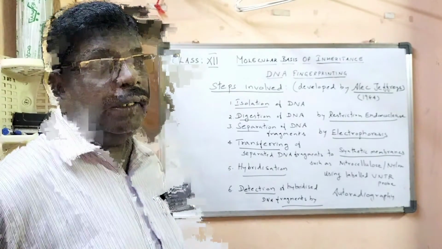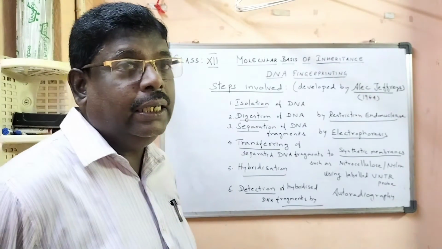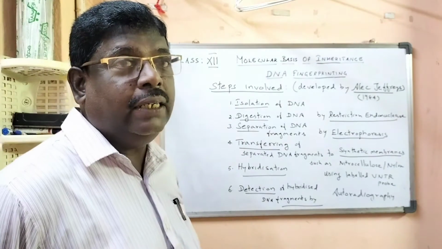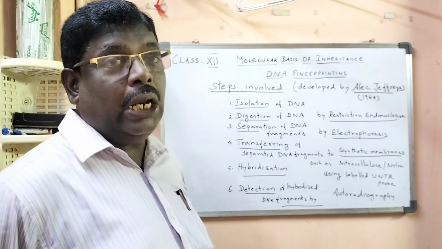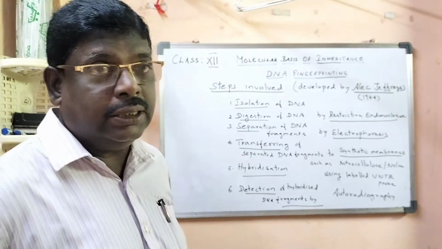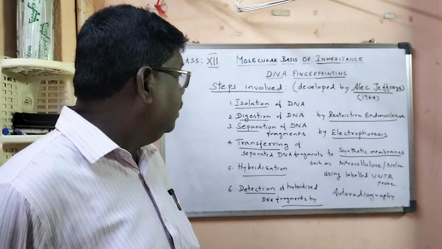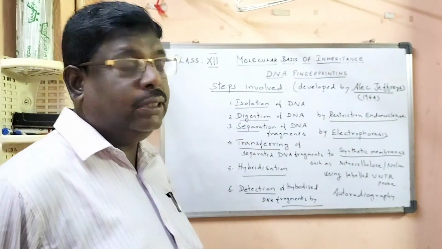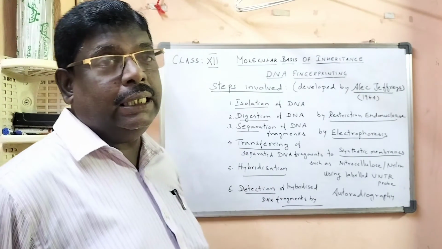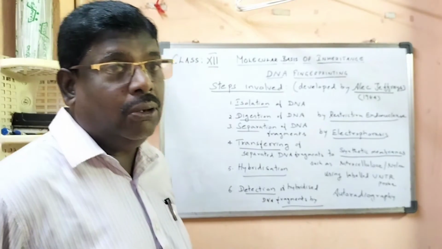Isolation of DNA. After that, digestion of DNA by restriction endonuclease. Then separation of DNA fragments. It is done by a method called electrophoresis under lab conditions. It's a laboratory technique, as I told initially. Then transferring of the separated DNA fragments to synthetic, meaning artificial, membranes such as nitrocellulose or nylon.